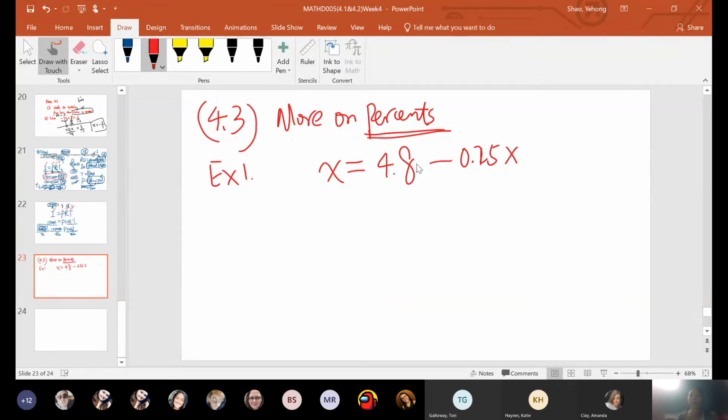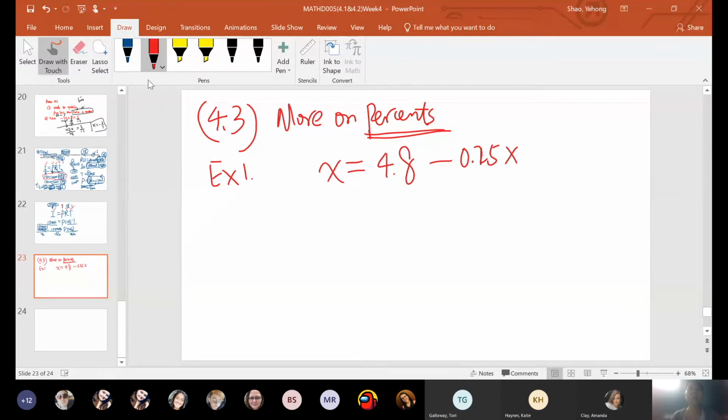So how do we get x by itself? The steps will be the same as before. Any idea how to solve for x? Divide 0.25 on both sides, you said? Actually, you're going to add 0.25, not divide.